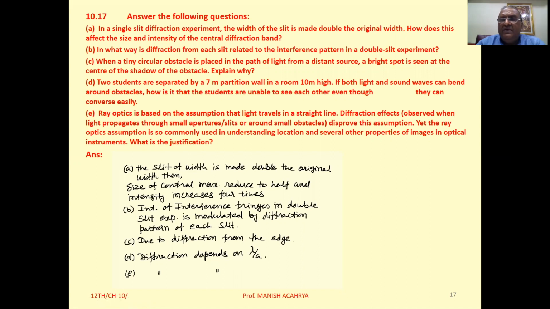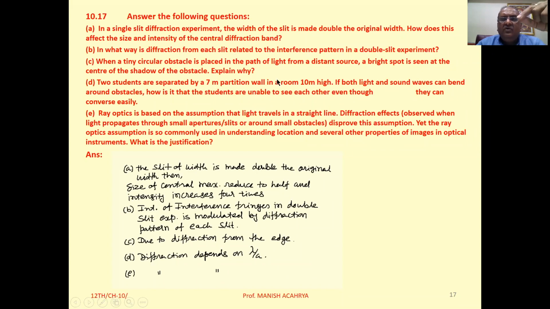If you make the width of the slit double, then the width of the central maximum is reduced to half.